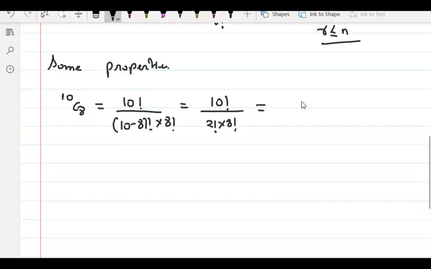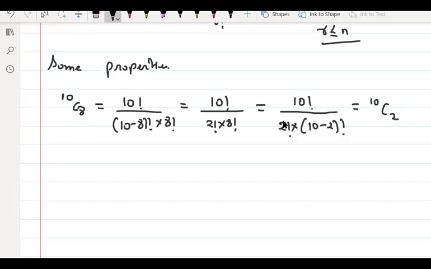Now I can write this as 10 factorial divided by 2 factorial into (10 minus 2) factorial. And what is this? This is 10C2. So what I just proved is that 10C8 is equal to 10C2.